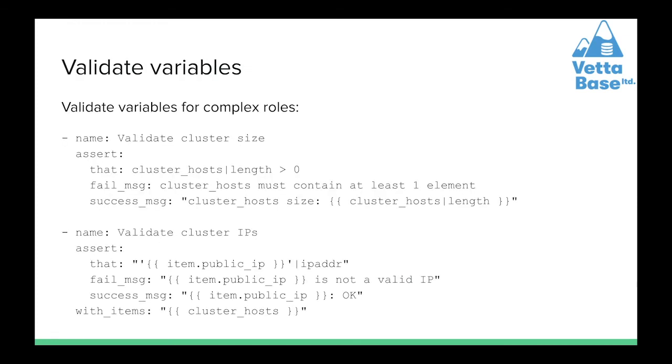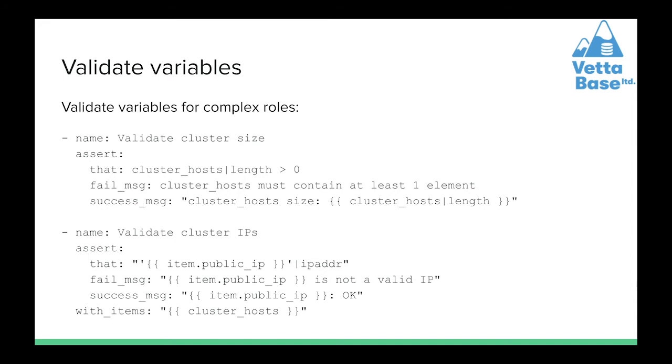I wanted to show here that it can be important to validate variables. I know that most people don't do this, but well, here I show a couple of examples. First of all, I validate the cluster size. As you can see, I'm using the length filters.